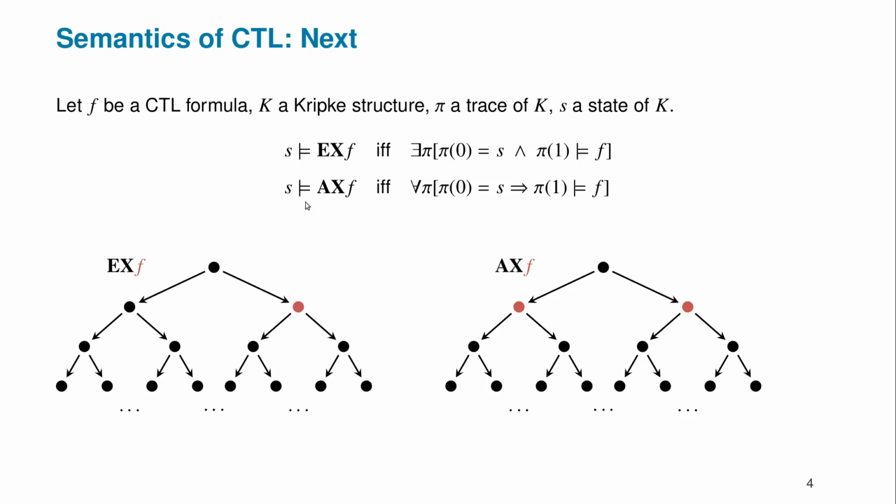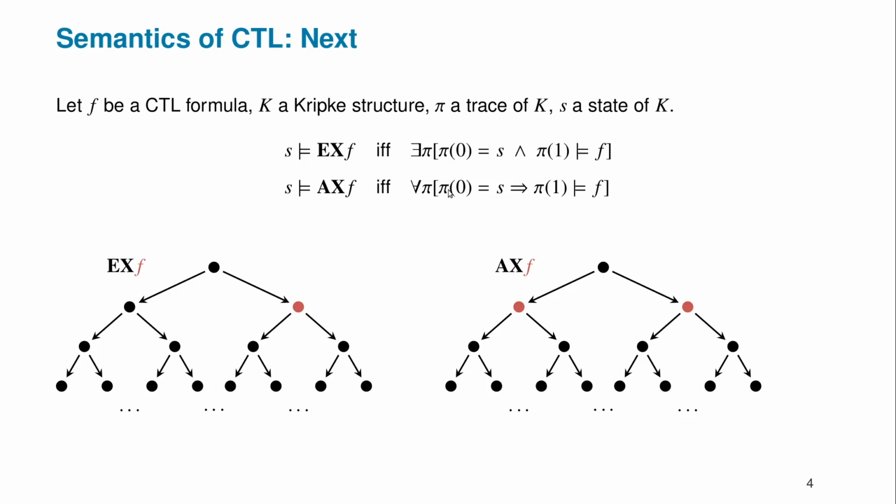And similarly we can define AX F, and AX F is true in a state S if and only if for all paths that start with S, it holds that on position 1, so in the next state, in the successor state, F holds.